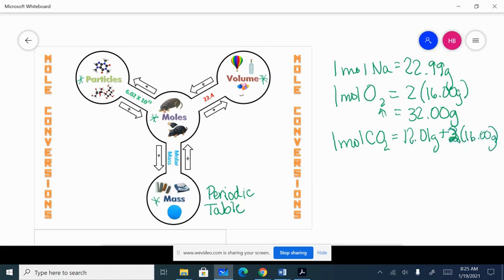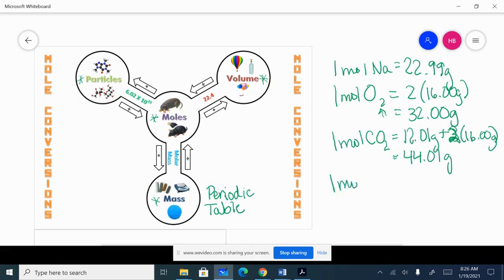In my calculator, I do 12.01 plus 2 times 16, and I get an answer of 44.01 grams. This is the molar mass of carbon dioxide, adding up the numbers on the periodic table.